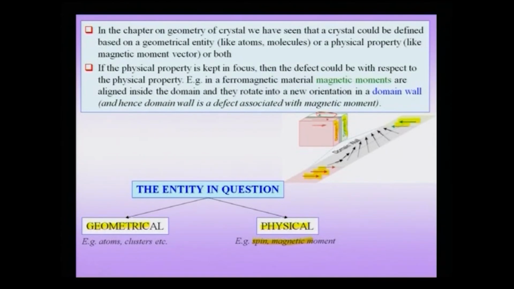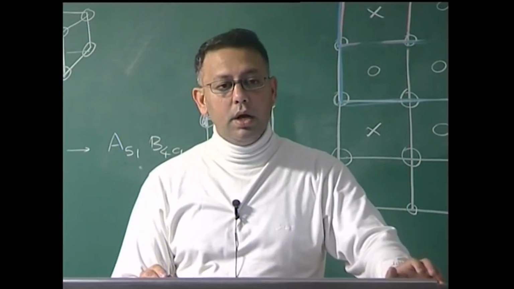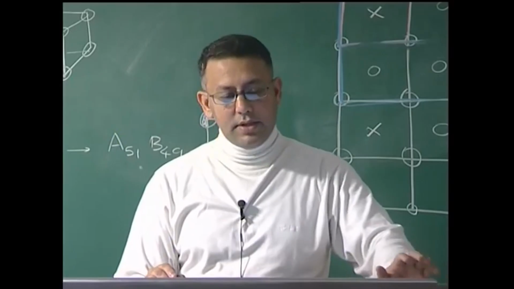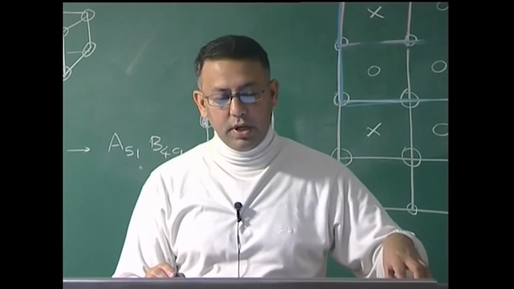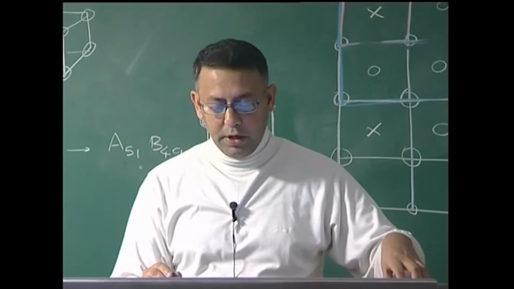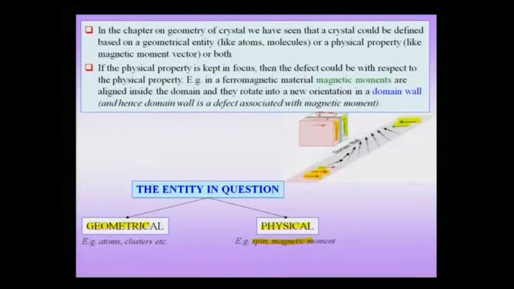This kind of wall is called a Bloch wall, and in thin films there are other kinds of walls possible like the Néel wall, wherein the rotation of magnetization spins occurs in plane rather than out of plane as shown in this figure. Nevertheless, the domain wall represents a region of higher energy. It represents a region of disturbance with respect to the perfect ordering present in either domain 1 or domain 2, and therefore can be considered a defect in the domain structure.